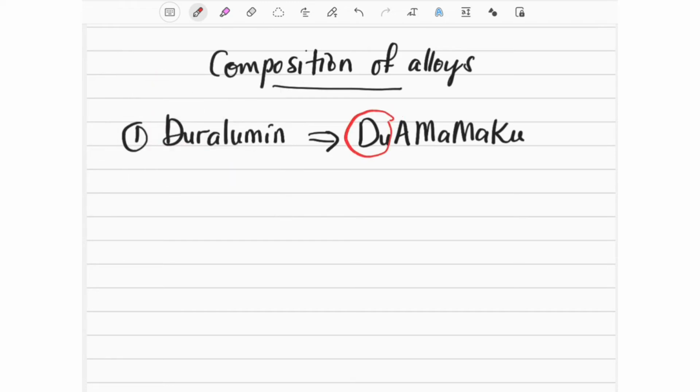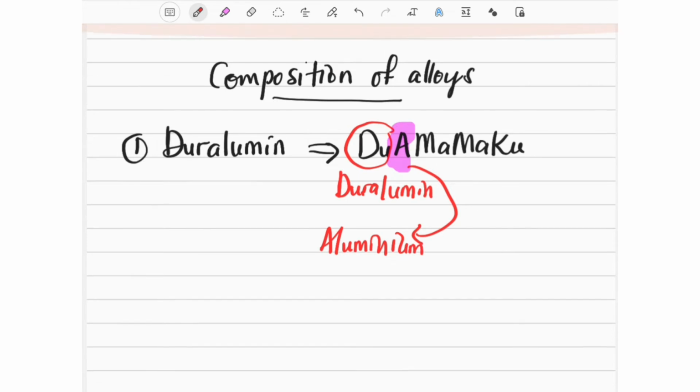Du is for duralumin. And A. The first alphabet after du is A. So, what does it mean? It means aluminium, is the pure metal for duralumin.